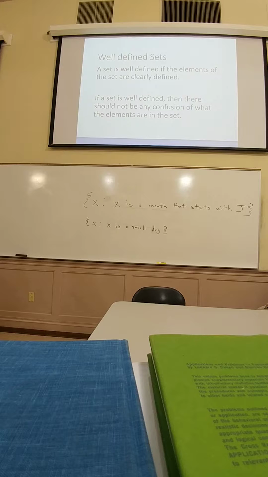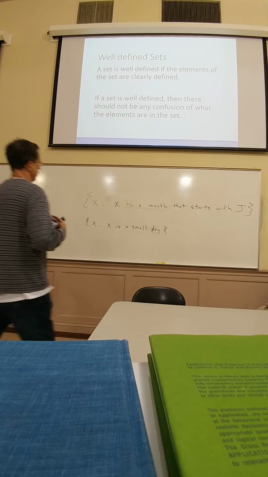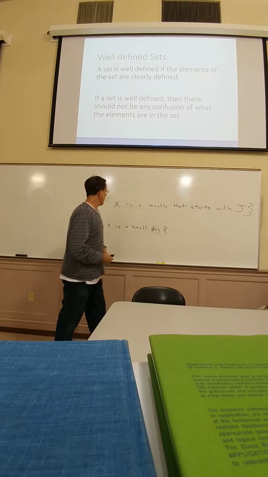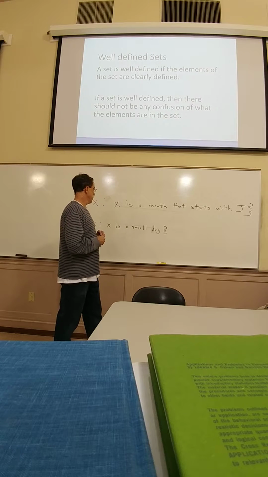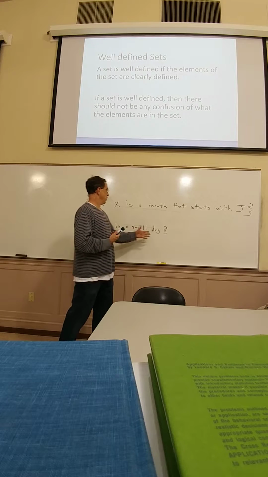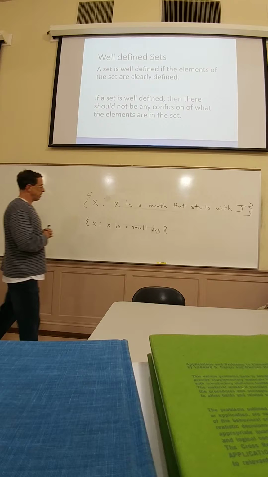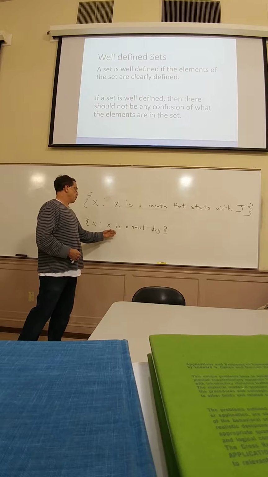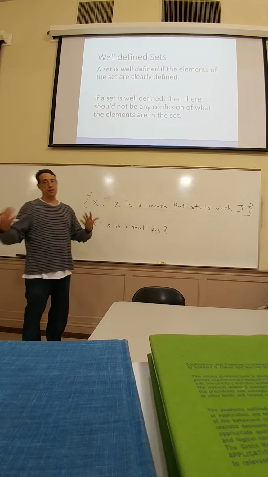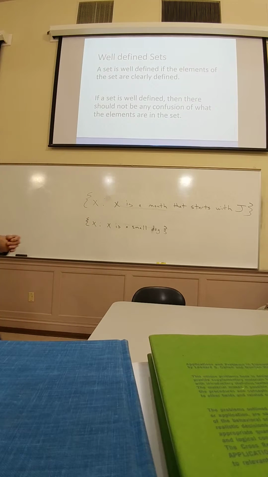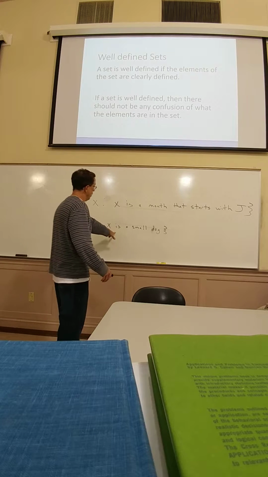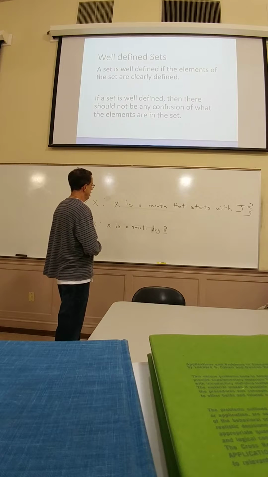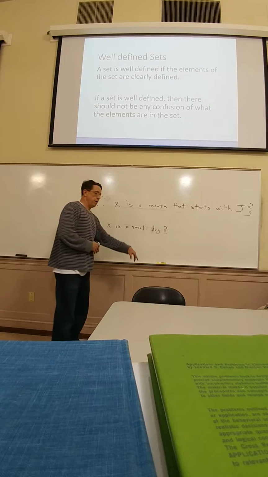I might get varying answers on that. If it said a pretty dog, or is a great tasting food, anything along those lines where it's almost like an opinion, then one person's idea of the answer will be different than somebody else's. So this is what they call a set that is not well defined, because there is this unclarity.